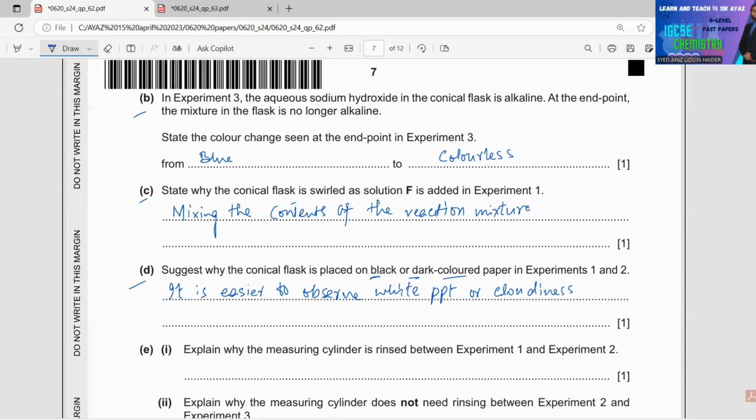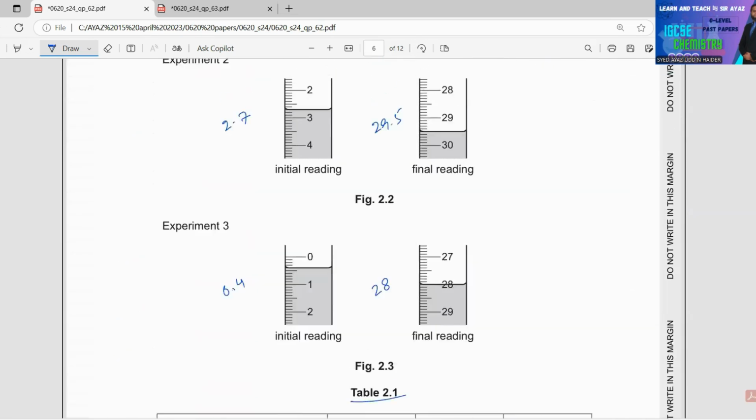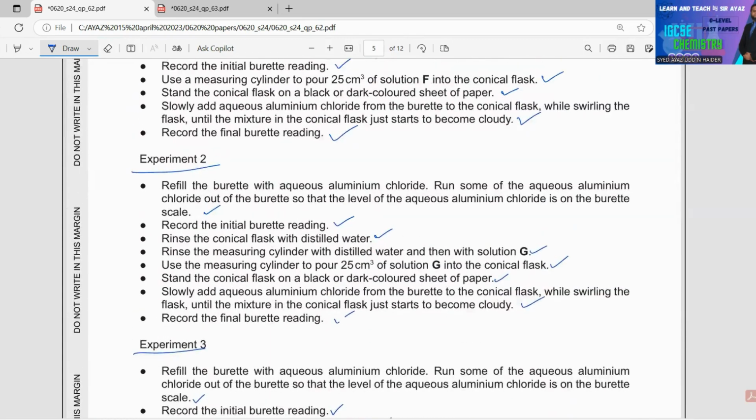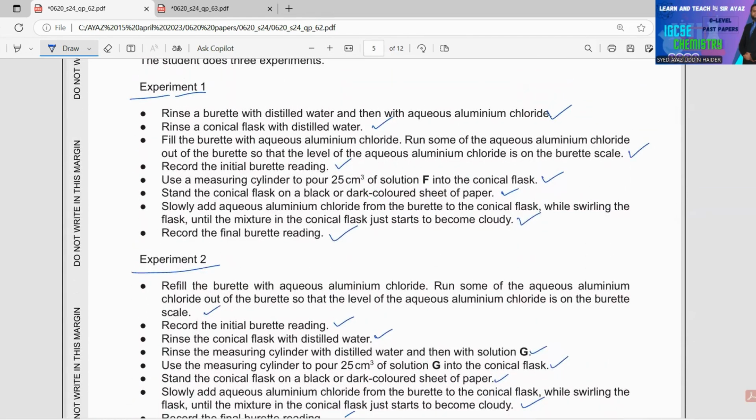Moving to next part, which is part E1. Explain why the measuring cylinder is rinsed between experiment 1 and experiment 2. Between experiment 1 and 2, why we need to rinse? So in experiment 1, we have used solution F. In experiment 2, we are using solution G. Both are different.